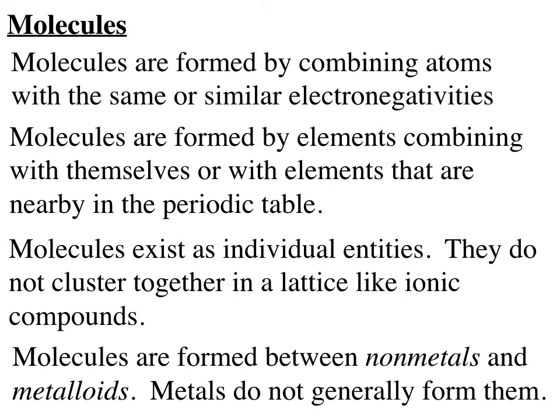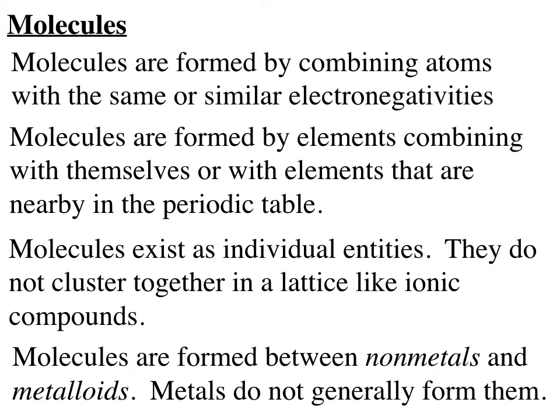So molecules are going to generally be formed by elements that are combining with themselves or combining with elements that are near themselves in the periodic table. What this means is that now, since the electronegativities are so closely matched, neither element can clearly yank electrons loose from the other.